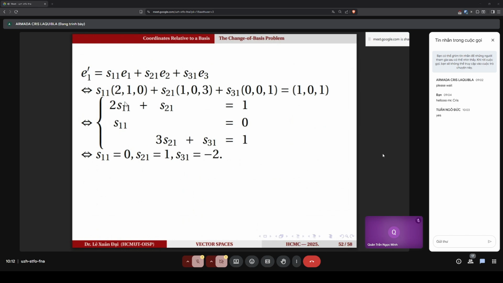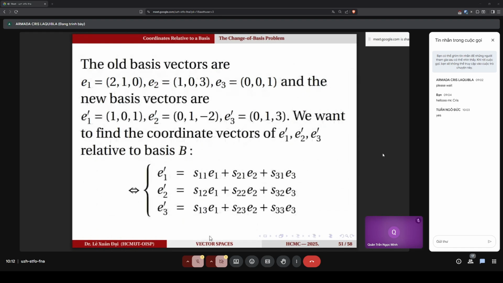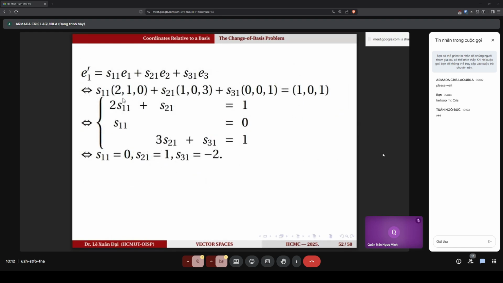For E1 prime, you have S11 times your E1. Your E1 is 2, 1, 0. Your E2 is 1, 0, 3. And then S31 times 0, 0, 1 is equal to your E1 prime. Your E1 prime is 1, 0, 1.